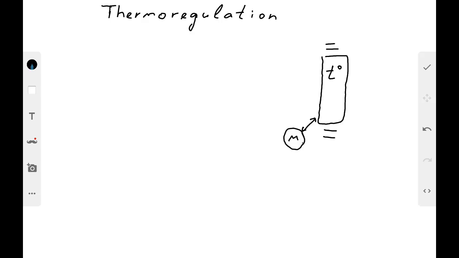Therefore, all living organisms are divided into several types. We, mammalians, may keep the temperature at a constant level, not depending on the temperature of the external environment.